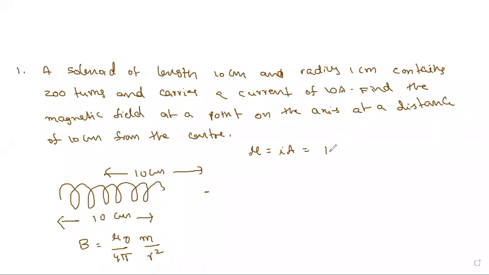For one coil I calculate here 10 into the area. Area is pi r square, pi into r square, in the sense 1 centimeter square, that is 10 power minus 4 meter square. And finally it is pi into 10 power minus 3. So that is the value of magnetic moment. Of course, the unit is ampere meter square. So I calculated the magnetic moment value for one coil only.